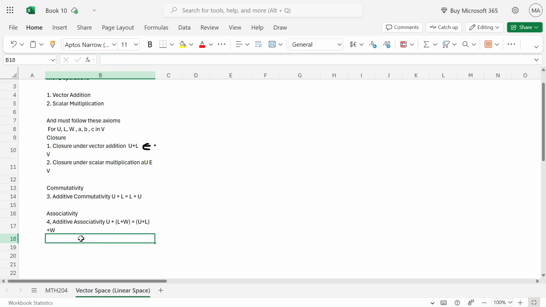And then there's also associativity for multiplication.